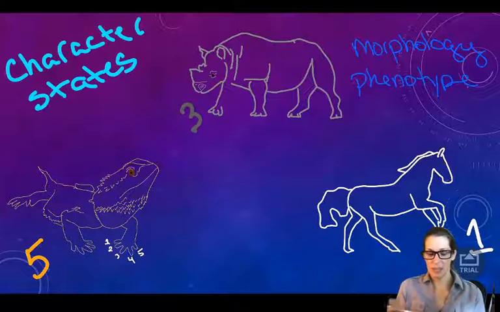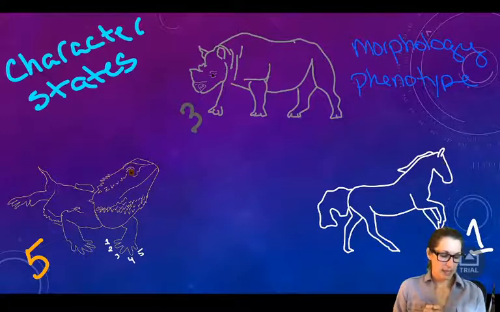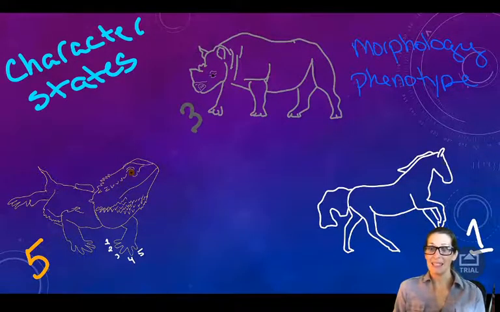Genotype leads to phenotype. So these are the physical characteristics, character states. We can take 5 toes versus 3 toes versus 1 toe. That's one character, 3 different character states. Take that in combination with hundreds of other characters and create a phylogeny.